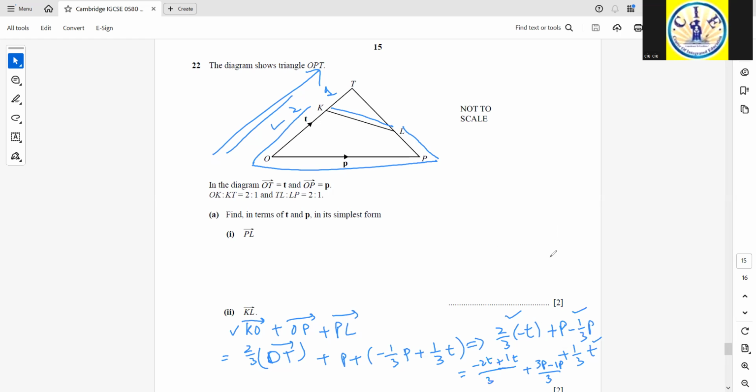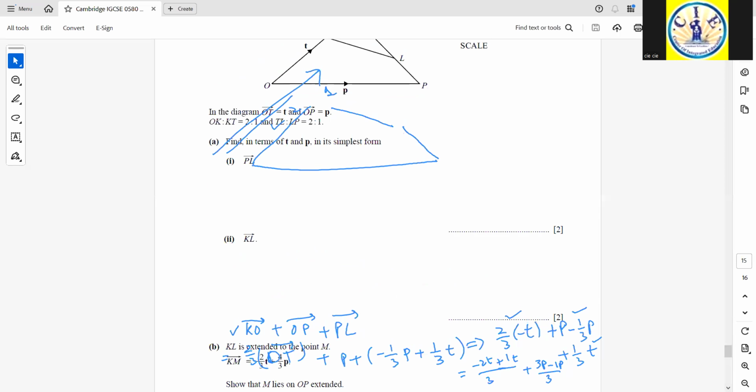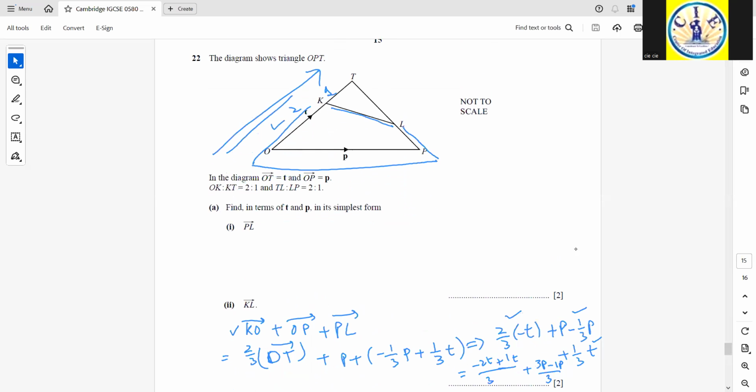That would give us the answer: minus 1 by 3T, and then plus 2 by 3P. Okay, that's fine. That's the answer to the second part. Negative 1 by 3T plus 2 by 3P.